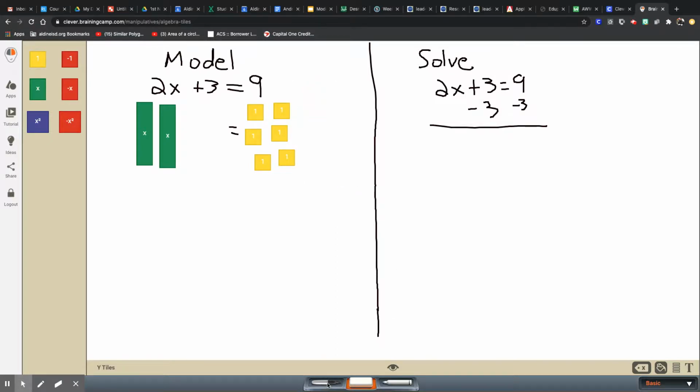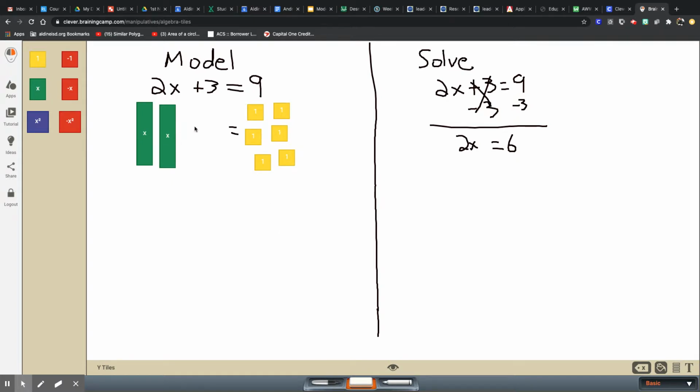To show what we did, I'm left with 2x. Those 3 yellows canceled out, and then I'm left with 1, 2, 3, 4, 5, 6. 9 minus 3 equals 6. 2x equals 6. Okay, so that's our first step.